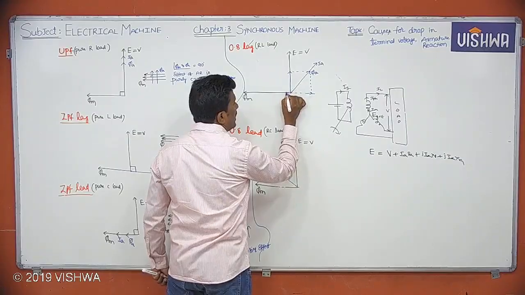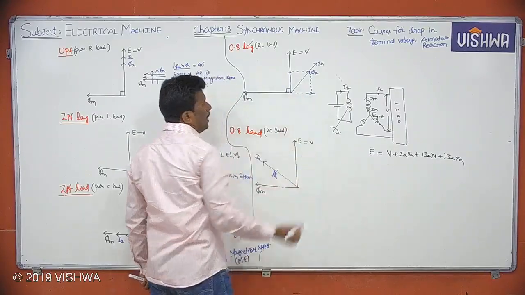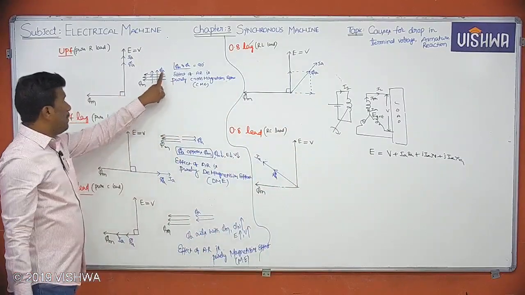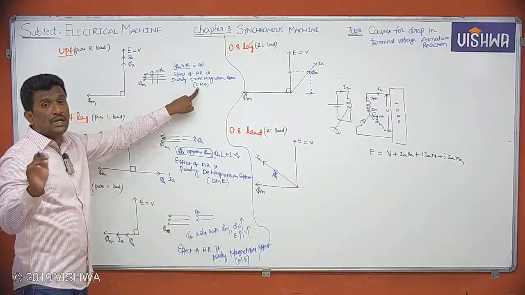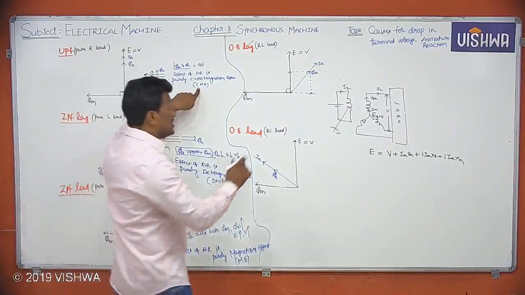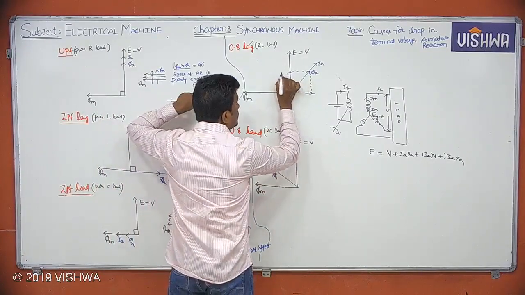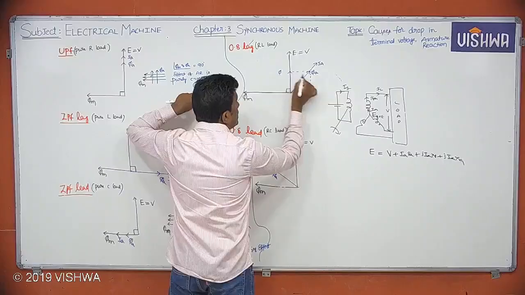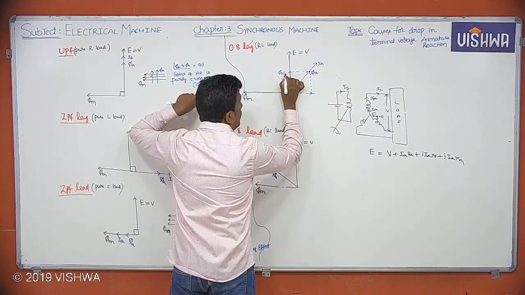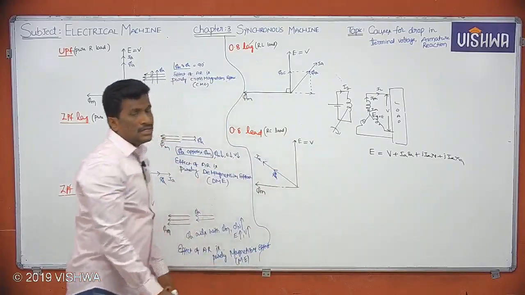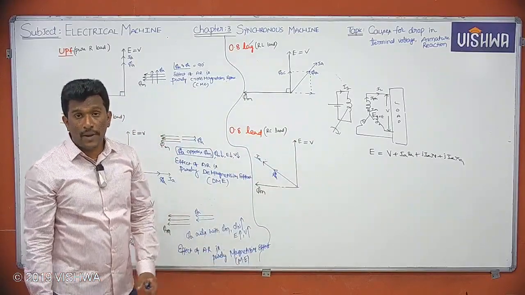It is making 90 degrees with your phi M. I already told you, if phi A is making 90 degrees with your phi M, the effect of armature reaction is a cross magnetizing effect. So this component also can be called the cross magnetizing component of armature flux, since it is making 90 degrees with your phi M.